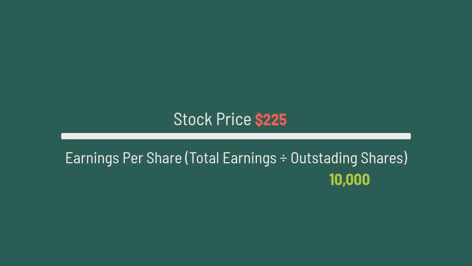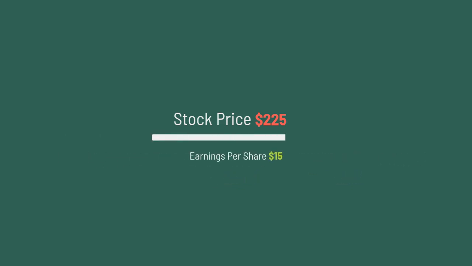Now, if the total earnings were $150,000 and the outstanding shares, so the total amount of shares they have available to the public, are 10,000, then their earnings per share is $15. So now we divide the stock price by it to get our P/E ratio, and we get the same result as the previous example, 15.